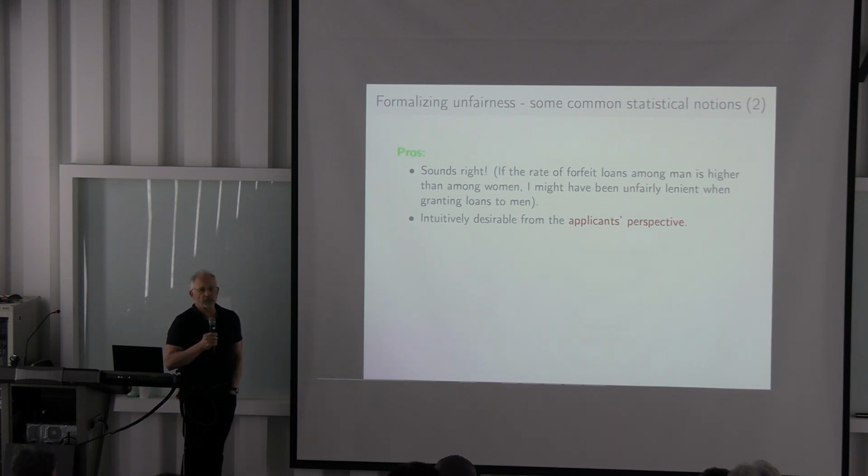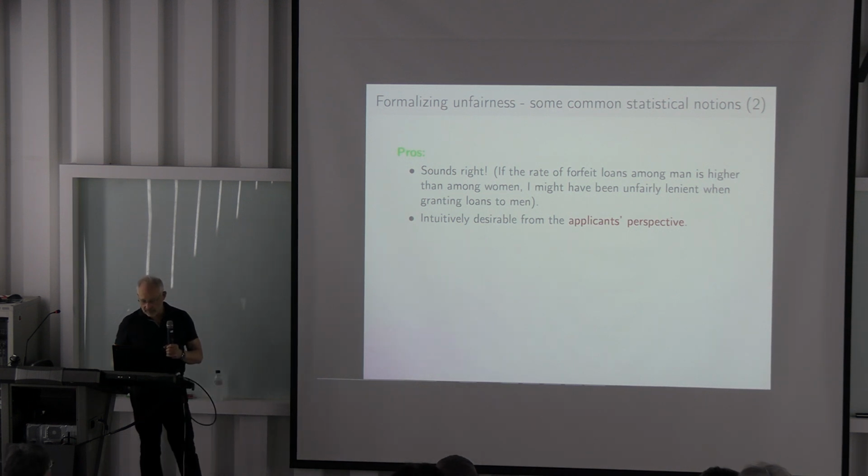From the applicant's point of view, you know that if I deserve to get accepted to this program at the university, my chances of the university accepting me do not depend on whether I belong to one group or the other. So from the point of view of the applicant, it's very nice, but still there are issues.